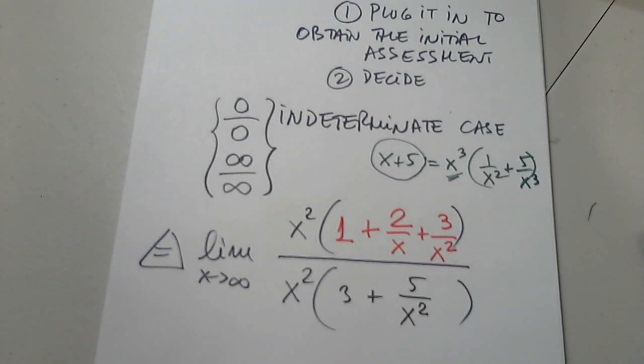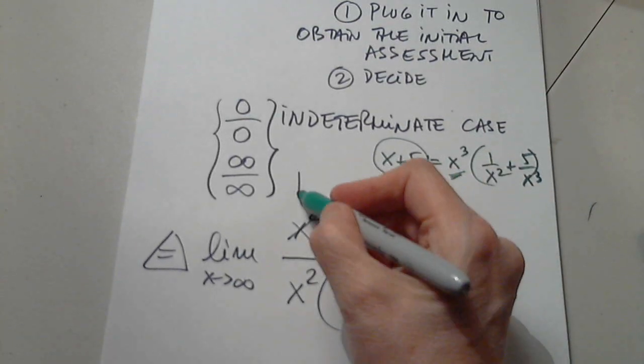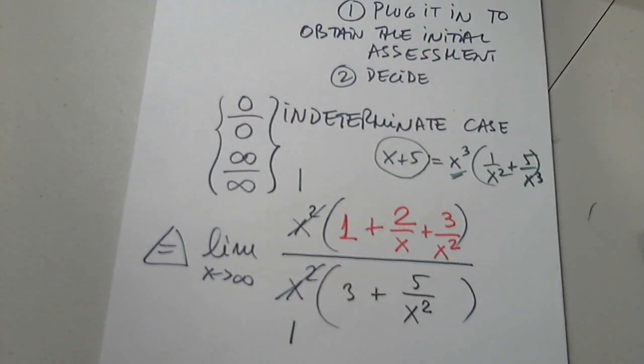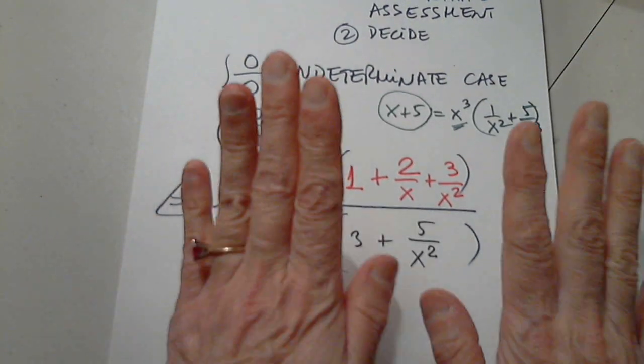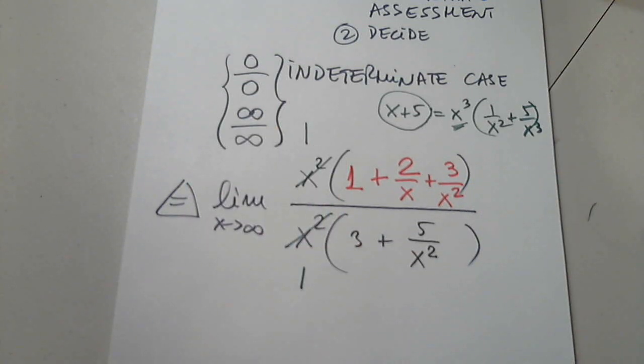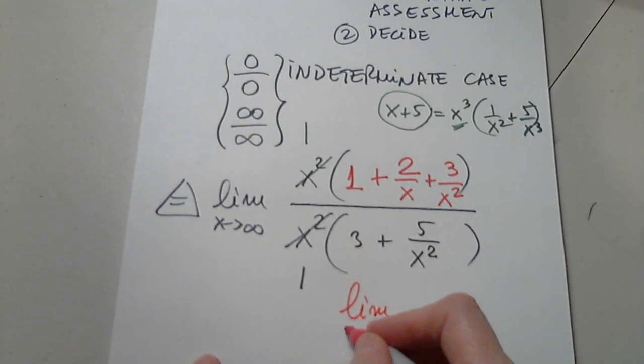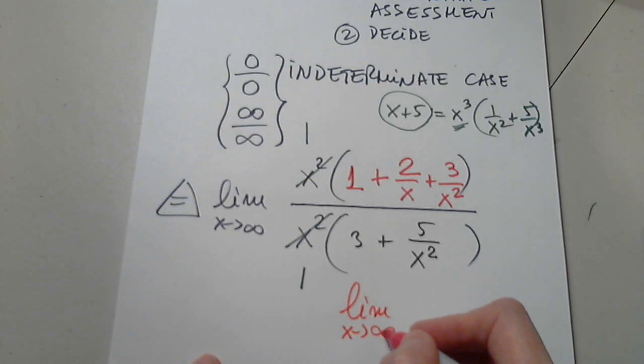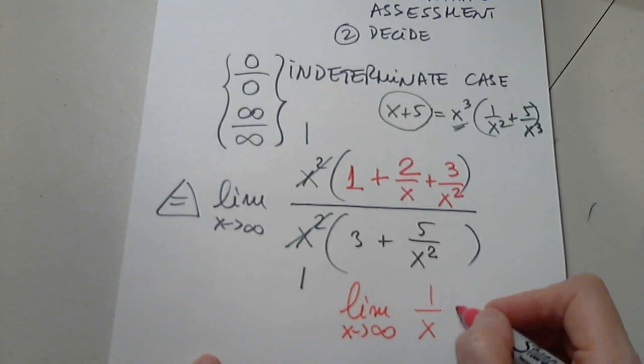So now, of course, I'm going to do this because it's gone, x squared with x squared. And now we have to talk about something before we finish this on the side here. Limit as x approaches infinity of 1 over x.